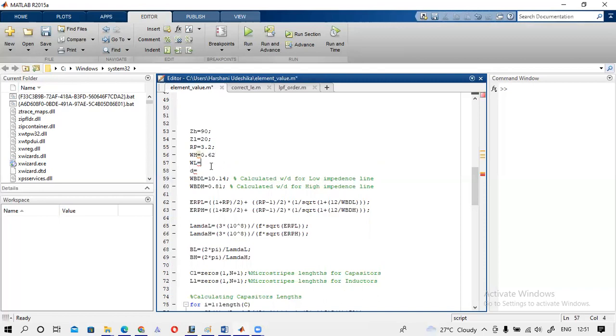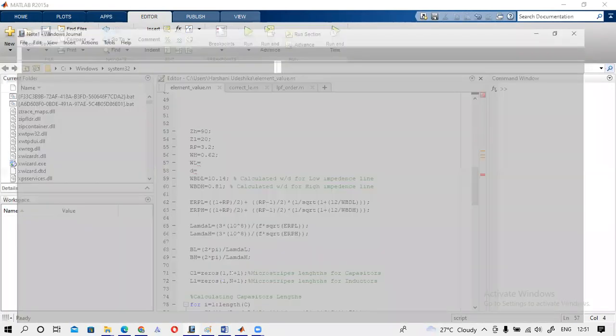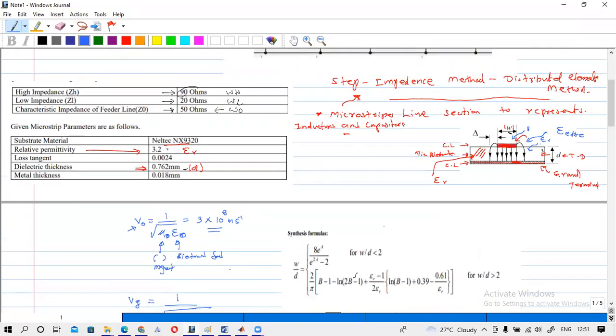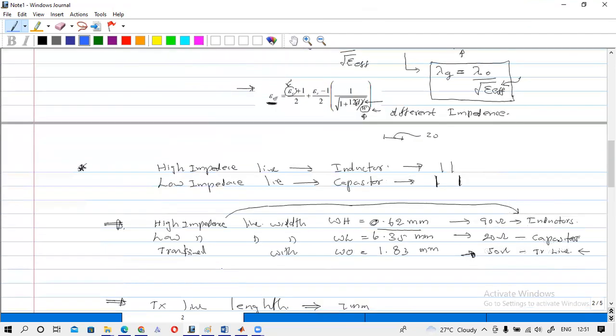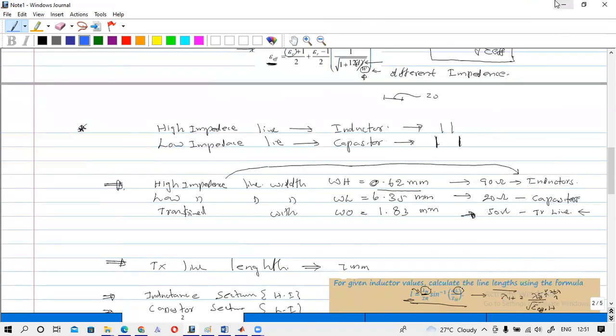And you can use the millimeter, no issue, because we need to get the ratio WH divided by D. If we are going to get WH divided by D, you can see that the millimeter will cancel out, so we need not convert the unit. So WH is 0.62. What is WL? WL is 6.35.